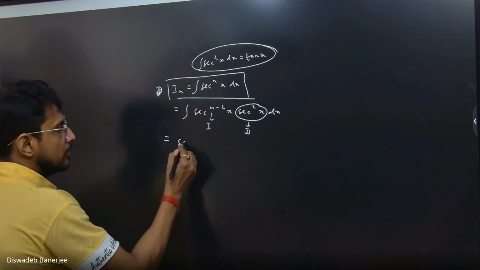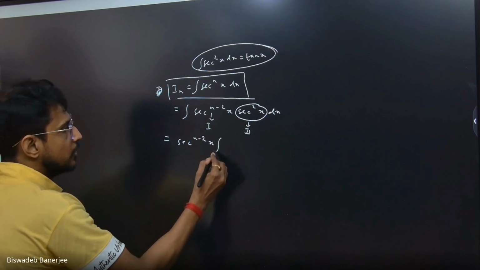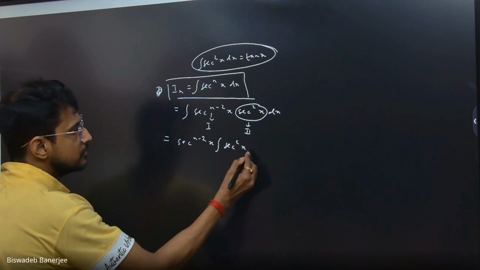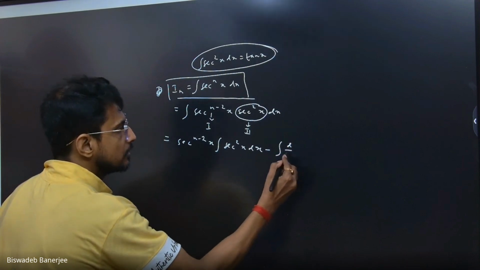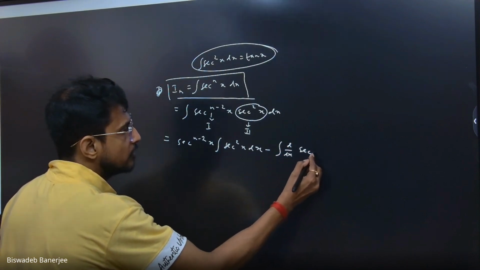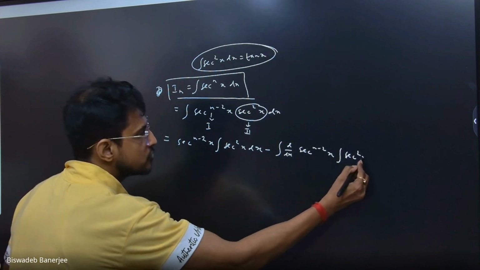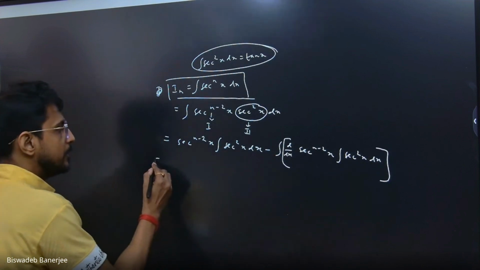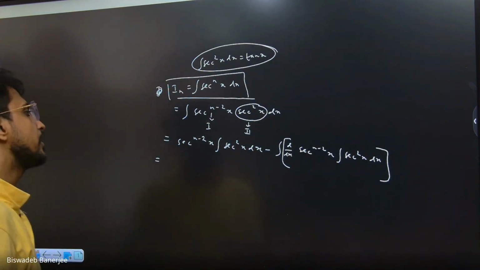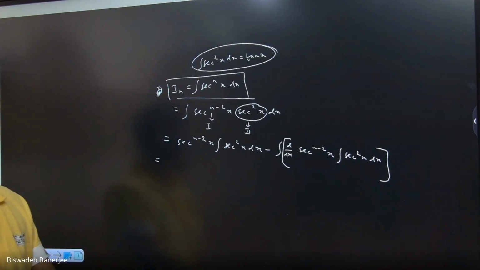See that the theory is first function into integration of second function minus integration ddx of first function into integration of second function.